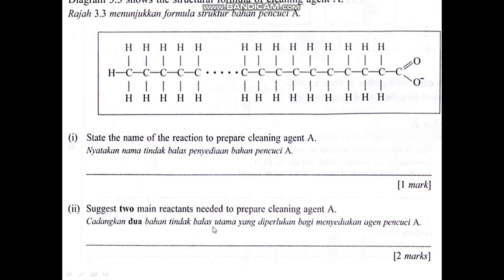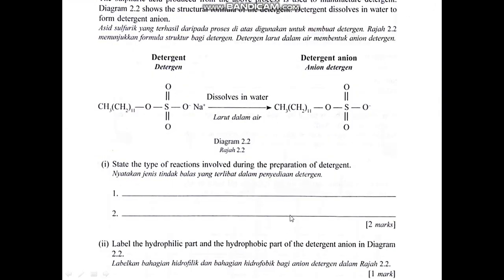One is any example of plant oil, so we can choose palm oil or olive oil or coconut oil. So mention one, palm oil. And another reactant is alkali. Give an example of alkali. You may use sodium hydroxide or potassium hydroxide. Make sure the spelling is correct. So is this slide clear? We enter the next slide.